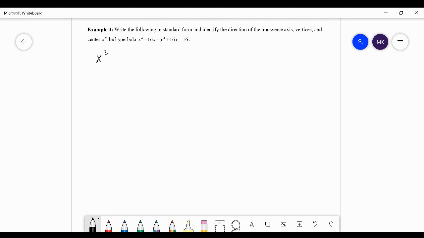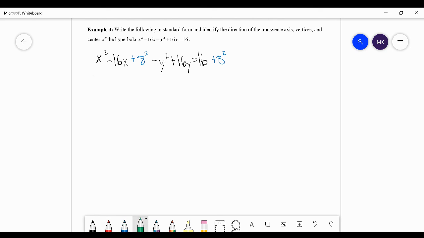So we have our original equation, x squared minus 16x, leave a space, minus y squared plus 16y equals 16. I'm going to add 8 squared to both sides.